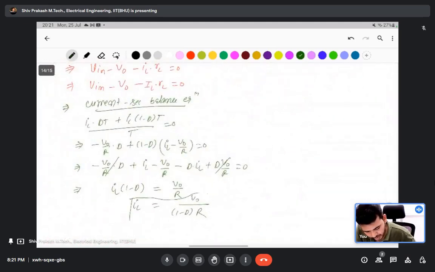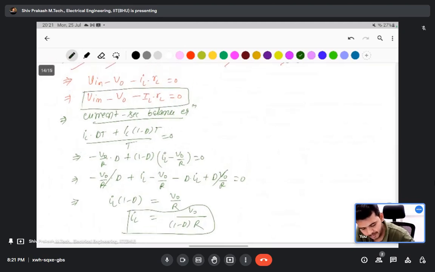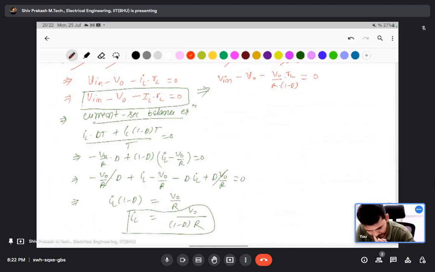Put IL in this equation and find V naught. V in minus V naught minus IL is equal to V naught divided by R into 1 minus D, into RL is equal to 0.